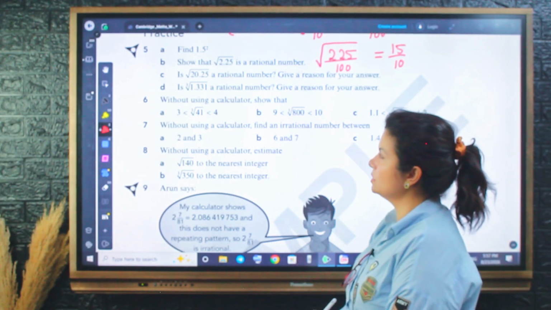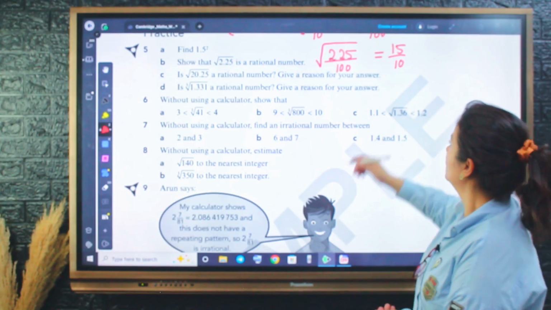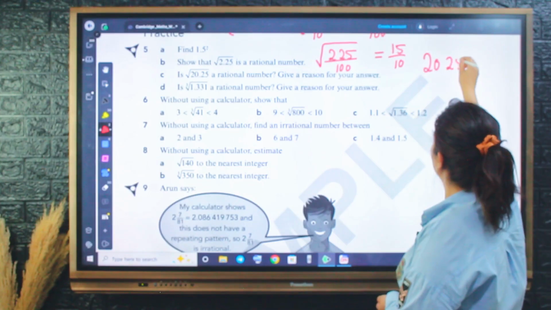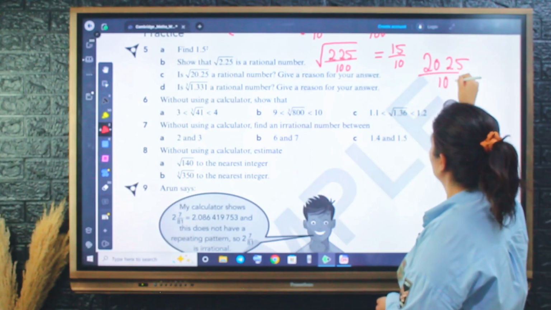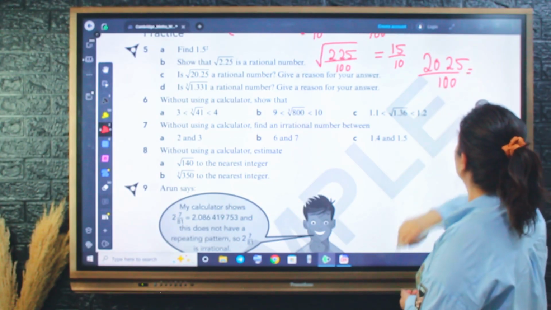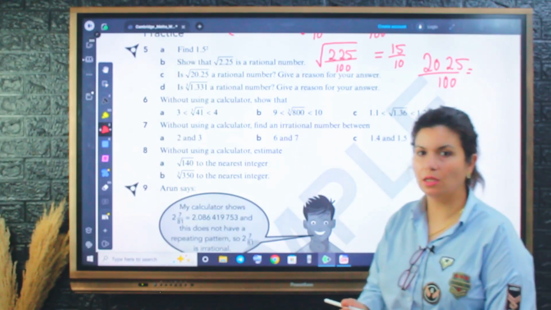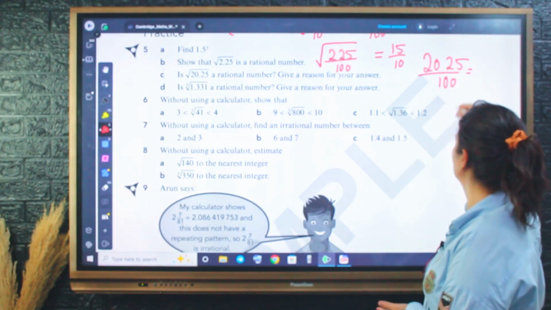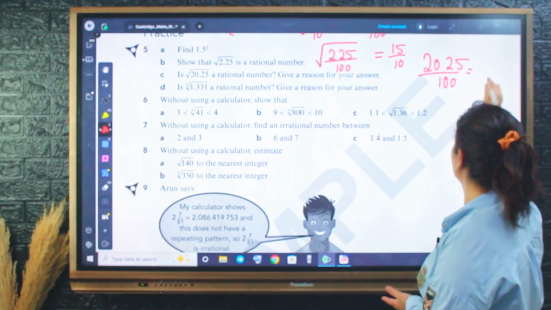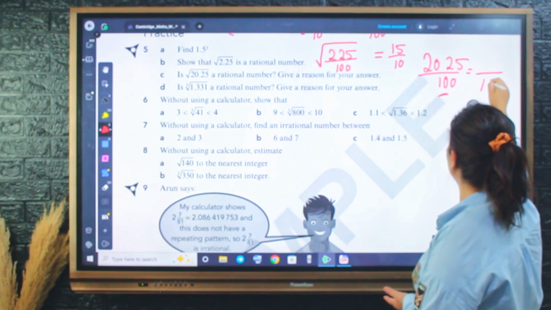Okay, is the square root of 20.25 a rational number? Give a reason. Here we can write it in the form like that. Exactly here, this number, if we break it down, I think it's 20 times 20 or some other number, but 100 is going to be 10.